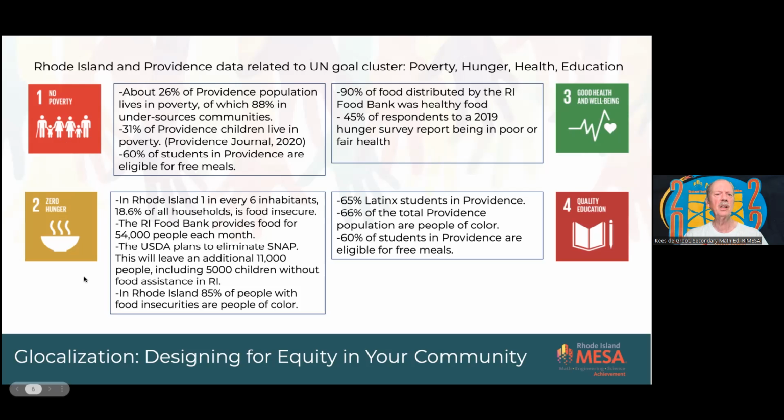The additional issue that has been arising in Rhode Island is that the USDA is planning to eliminate SNAP, a food assistance program, and this will leave an additional 11,000 people and 5,000 children without food assistance. So that puts a lot more stress on the community food bank and other organizations. 85% of the people with food insecurities are people of color.